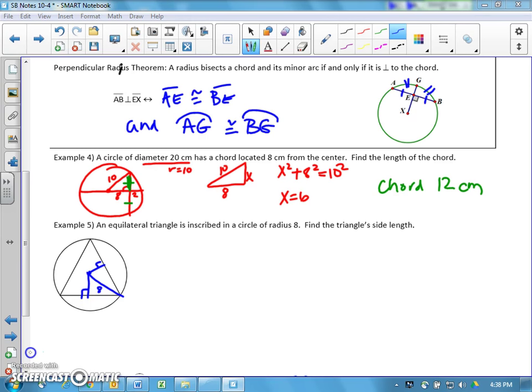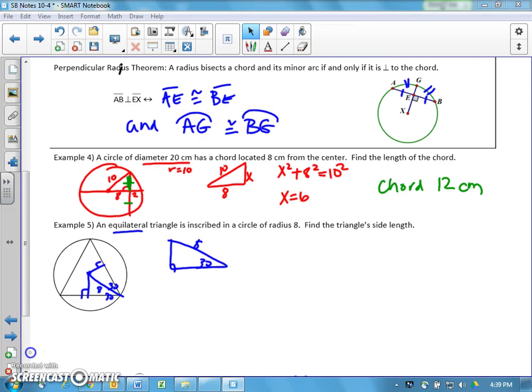This is an equilateral triangle, so I know that these are all 60-degree angles, which makes these 30-degree angles. So if we look at our little triangle here, I have a 30, 60, 90 right triangle with a hypotenuse of 8. So if you remember, the side across from 30 is n, hypotenuse is 2n, and the side across from 60 is n radical 3.